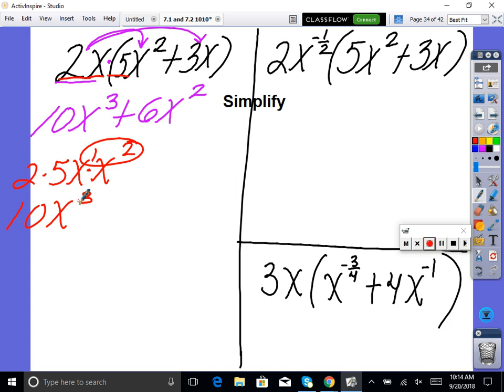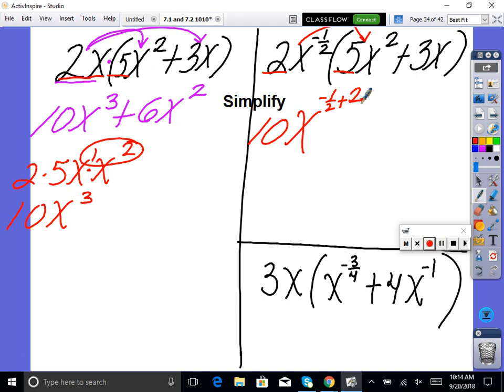So everybody look right here. People were freaking out yesterday over this problem. And it's understandable because it's hard for people. But aren't we just distributing just like we did here? So this times this. So you're going to have a 2 times a 5, which is a 10. Now we have x to the negative 1/2 times by x squared. When you multiply, so we have x to the negative 1/2 plus 2.